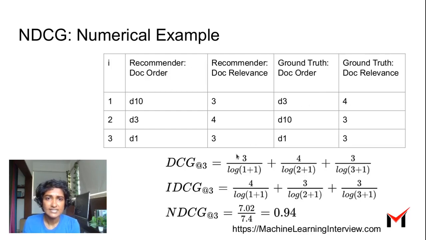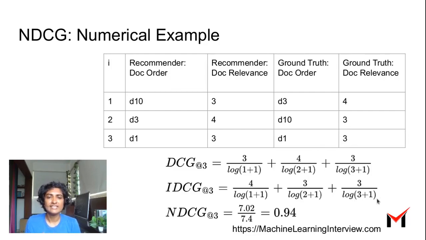Discounted cumulative gain is computed by taking each of these relevance scores and dividing by the log to base 2 of the position plus 1. So 3 by log(1+1), 4 by log(2+1), and again 3 by log(3+1). The ideal discounted cumulative gain is given by 4 divided by log(1+1), plus 3 divided by log(2+1), and 3 divided by log(3+1).